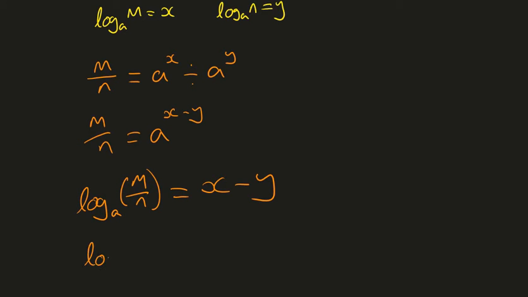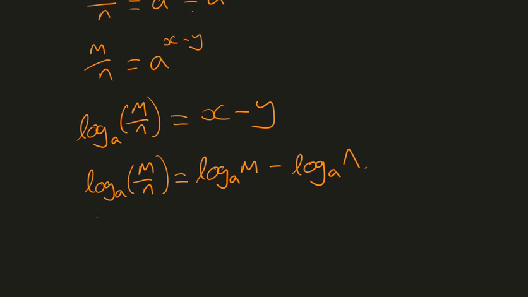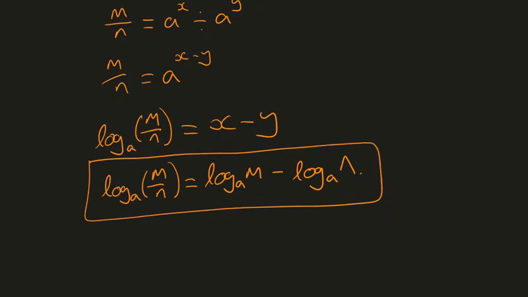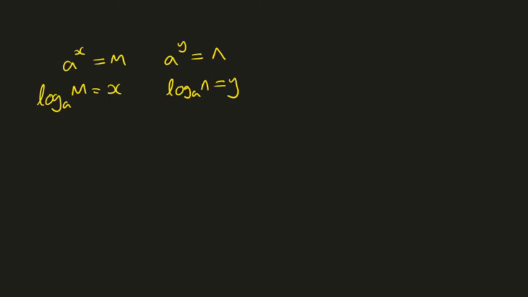So we could say log base a of m over n is equal to log base a of m minus log base a of n. That is our second rule of logarithms, and we'll look at how we can apply these in just a moment. We've got one more though that we can find that's quite useful, and then we'll look at how we can apply these.